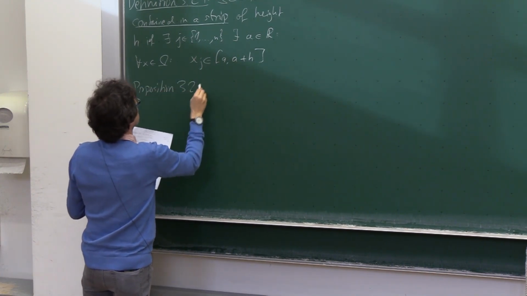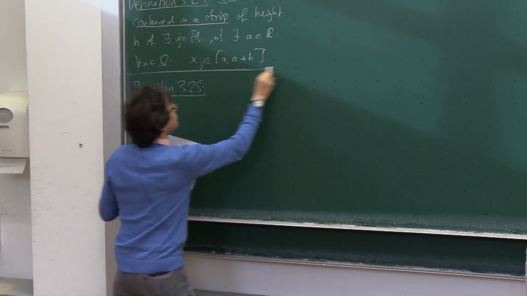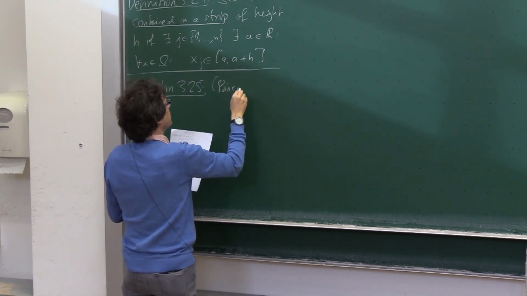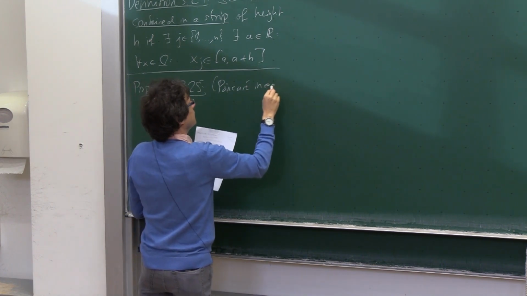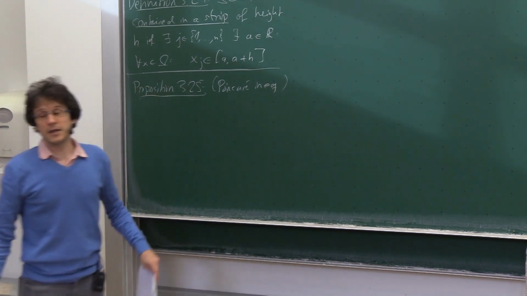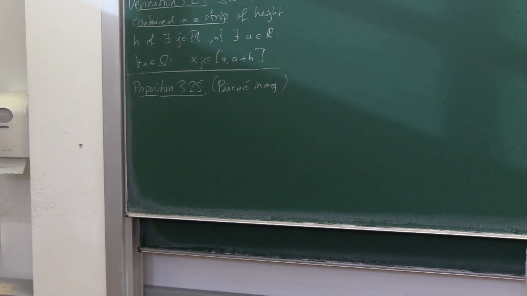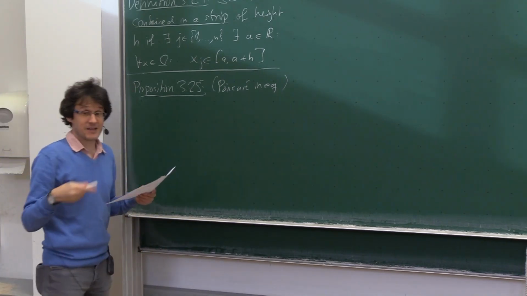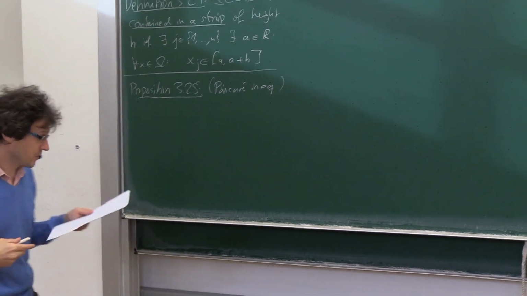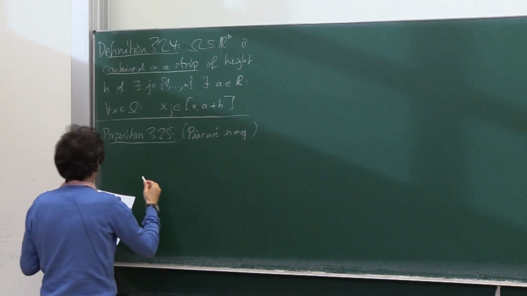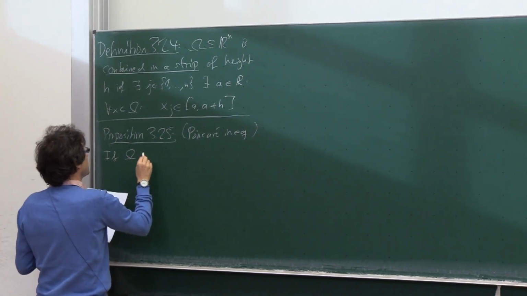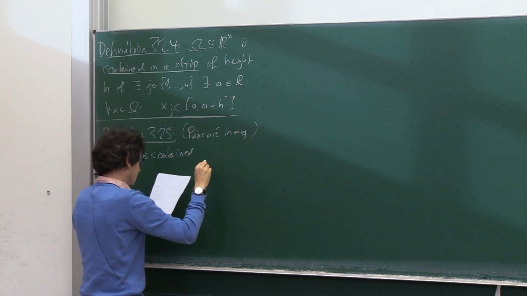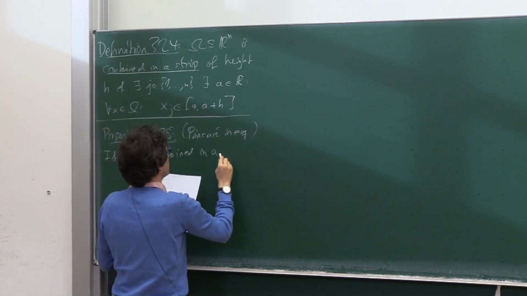And now I can formulate the so-called Poincaré inequality, which is a feature that all functions in H10, our space of H1 functions with 0 boundary values, have, at least if omega is contained in a strip of height h.